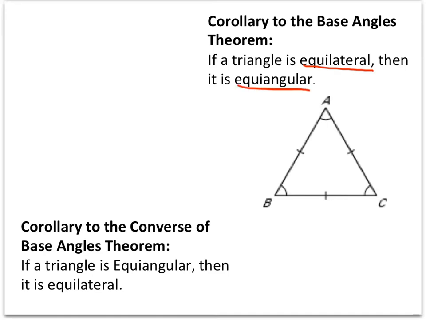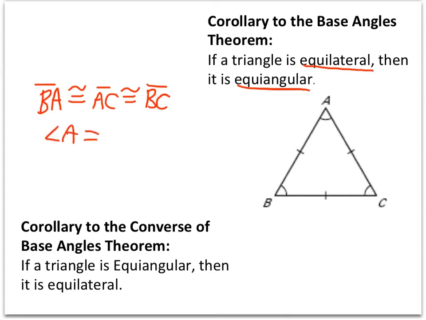If a triangle is equilateral, so all the sides are the same length, then we can say that it is equiangular. So if all of the sides, as written here, are congruent, we can say that all of the angles are congruent too. Angle A is congruent to angle B is congruent to angle C. The corollary then is just the reverse, where we take all of the angles are the same and we go the opposite direction.